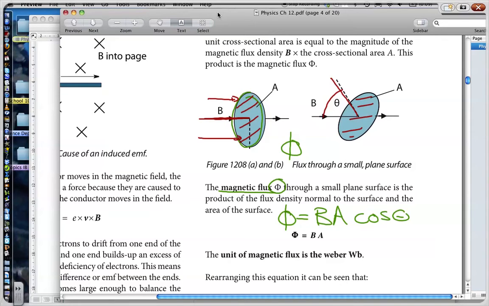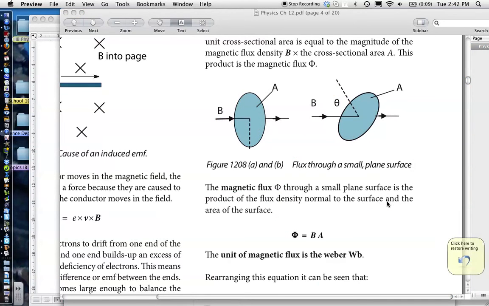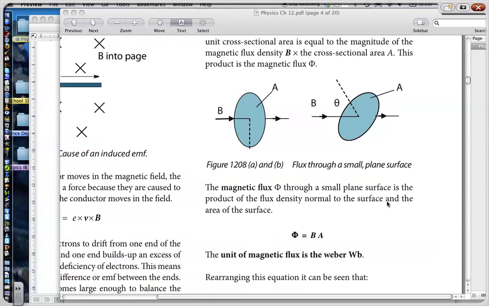Now I think you hopefully can see that as we move this around, so maybe as I make this angle theta 90 degrees, let me just get rid of this, we would get something like this. And all the magnetic flux going through here won't actually go through that area. So there'll be 0 magnetic field going through the area.